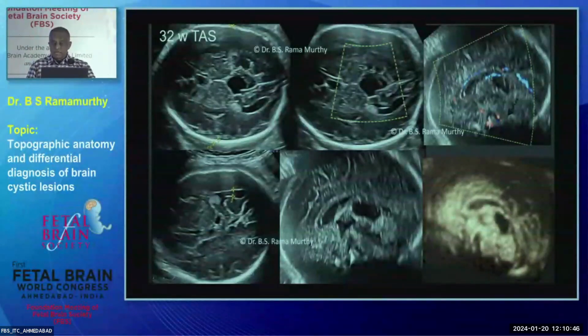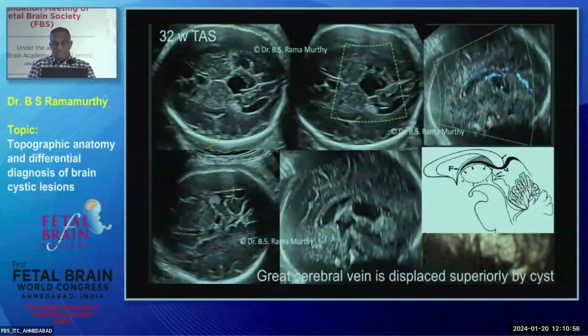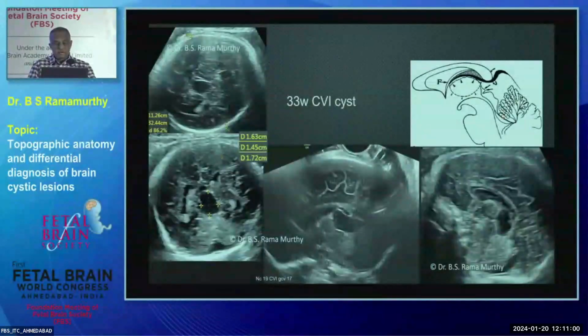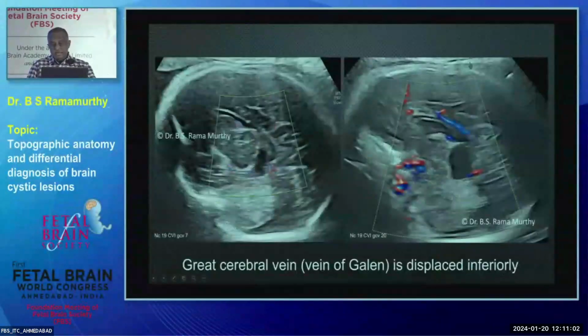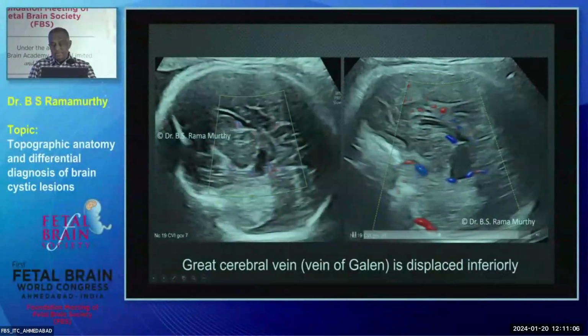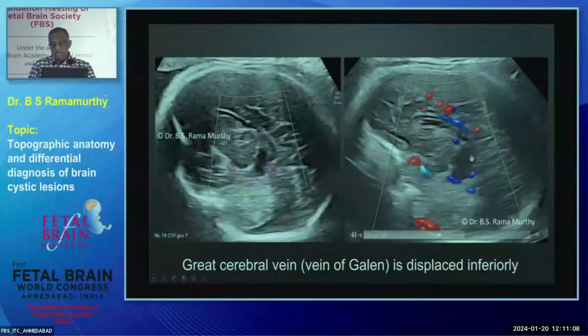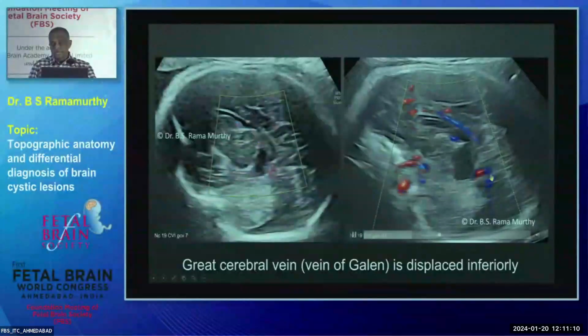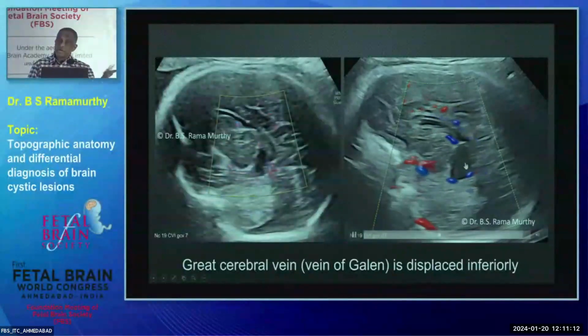So you turn your Doppler on, and you find that the vein is above, and therefore this cyst is a quadrigeminal cyst. On the contrary, here you have a cyst where I'm showing you the great cerebral vein is going under. So this is a CVI cyst, right?